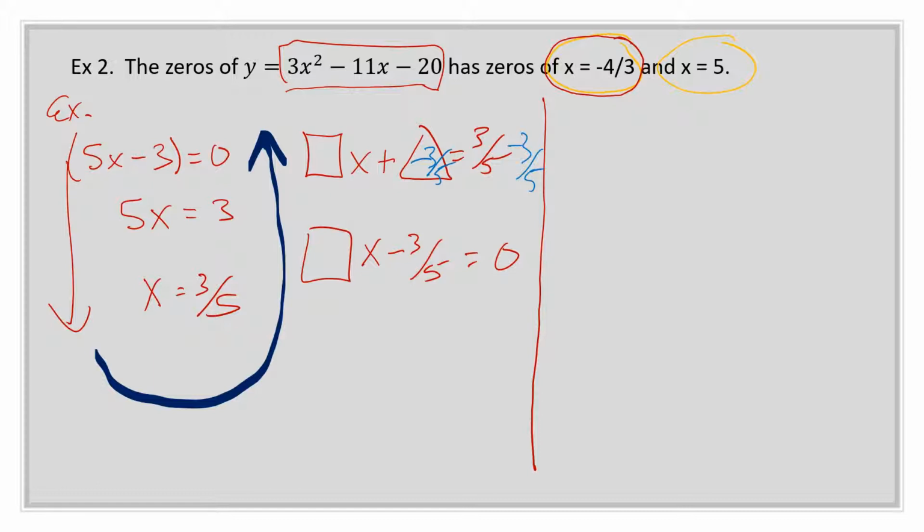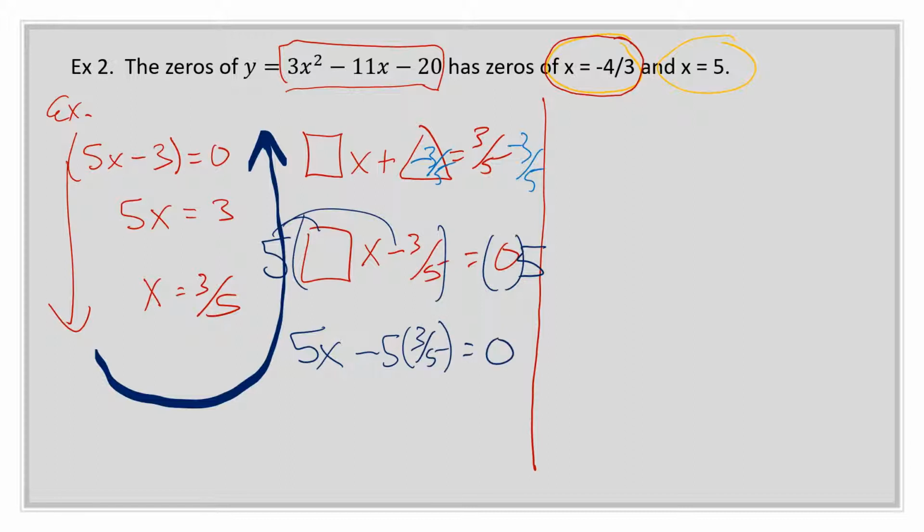The last step we want to do is we don't want a fraction here. So what we're going to do is distribute or multiply both sides of this equation by the denominator of 5. And then when I distribute, I'm going to get 5x minus 5 times 3/5, and that equals 0.